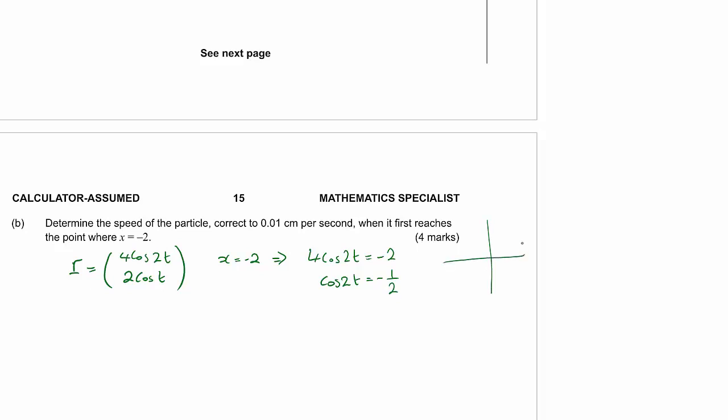So let's think about where that would happen first going this way. That would happen in the second quadrant, and it would mean this angle was 2 pi by 3. So 2t is equal to 2 pi by 3, giving us that t is pi by 3.